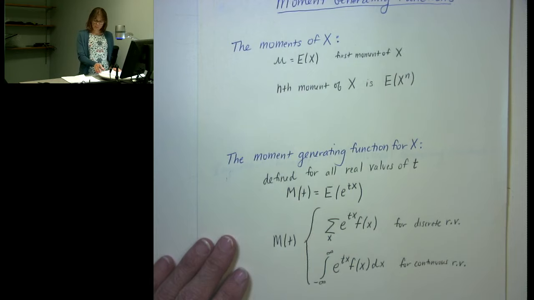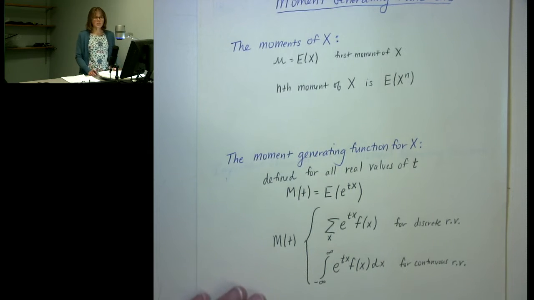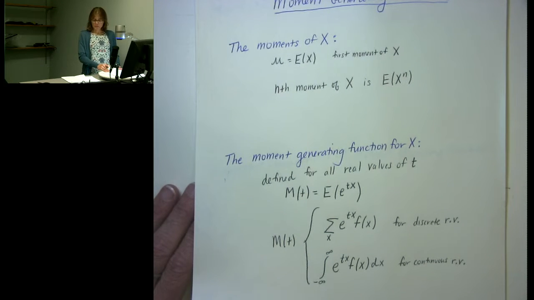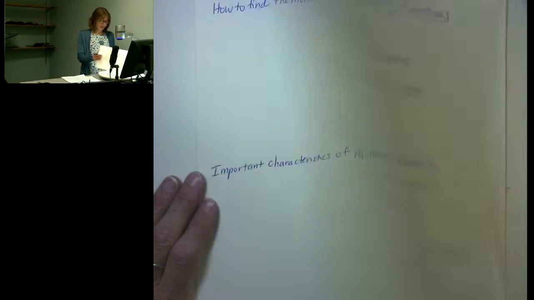Now the reason that the moment generating functions are called the moment generating functions is because we can find the successive moments of x by taking derivatives of the moment generating function.